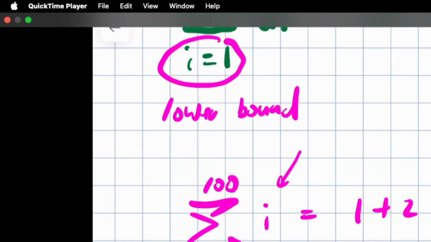Yes. How do I know the intervals of it? Let's say it was an integer, or is it just always an integer? It's always an integer. Summations would never be used for something like that. Yeah, it's i equal to 1, i equal to 2, i equal to 3. That's always integers.